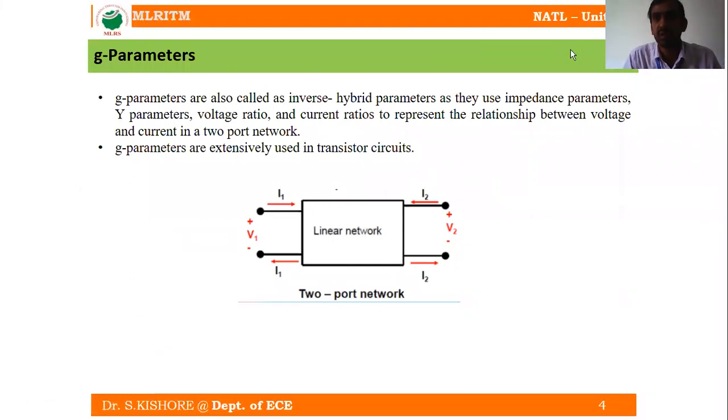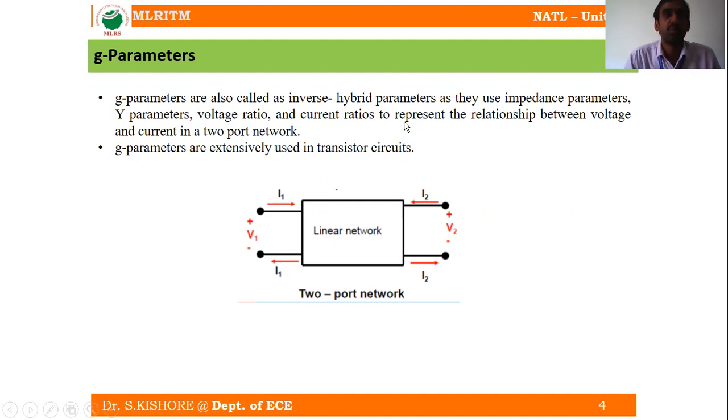Coming to the G parameters, they are transconductance parameters, also known as the inverse hybrid parameters. In the previous lecture, we discussed the hybrid parameters, which we use in the modeling of bipolar junction transistors, especially in the design of amplifiers.